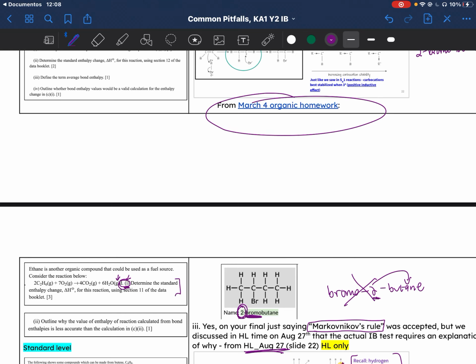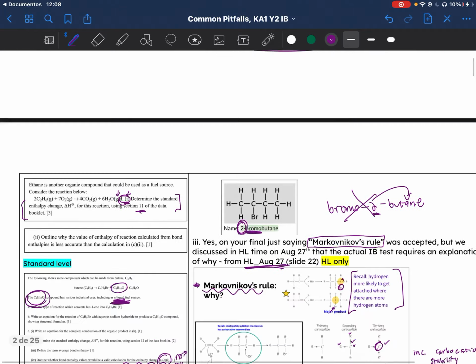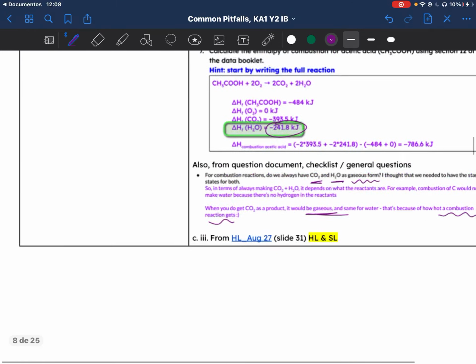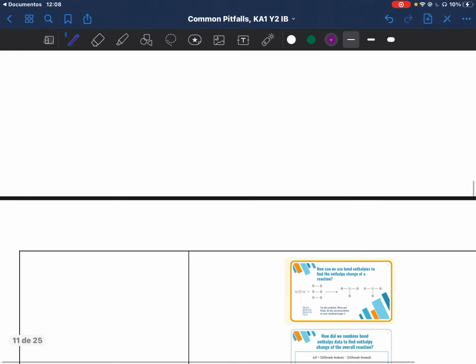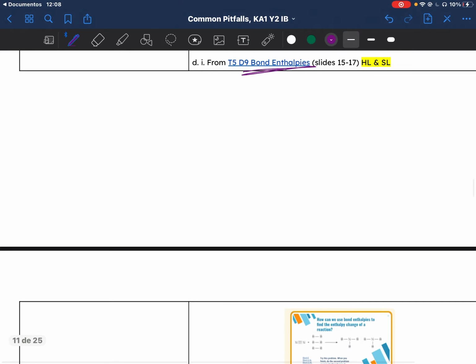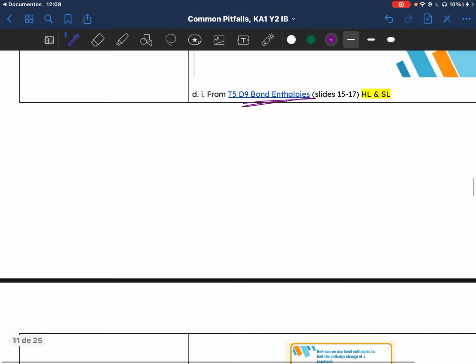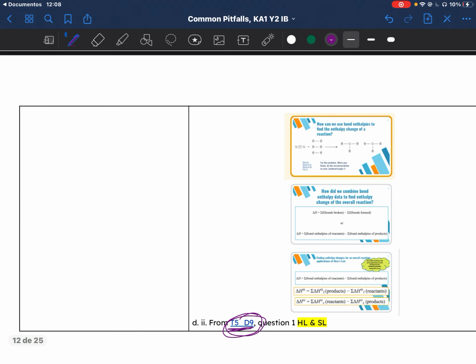Determine the standard enthalpy change for this reaction using section 11 of the data booklet. Well, that's just a bond enthalpy problem. And so we practiced that the day that we did bond enthalpies, which was T5 day 9, when we practiced drawing out the molecules and then putting together the bond enthalpies.